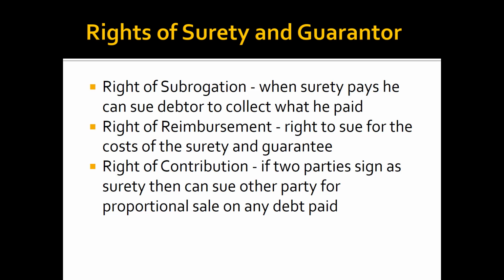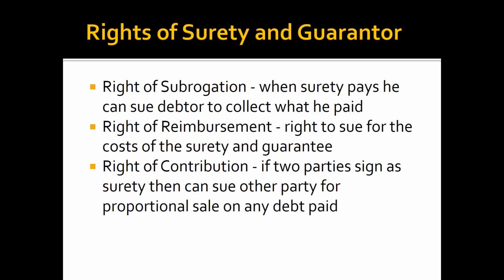All right, some of the rights you get as a surety or guarantor. Right of subrogation. When the surety pays, he can sue the debtor to collect. And it's very closely related to reimbursement, the right to sue for the costs of the surety or guarantee. So if I'm doing this for someone and they said, if you'll sign as guarantor, I'll pay you such and such, then if they didn't, I could sue. And there's right of contribution.